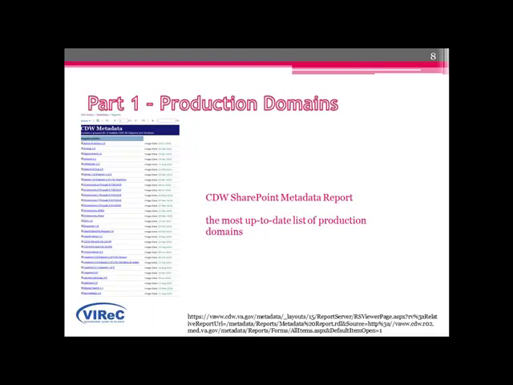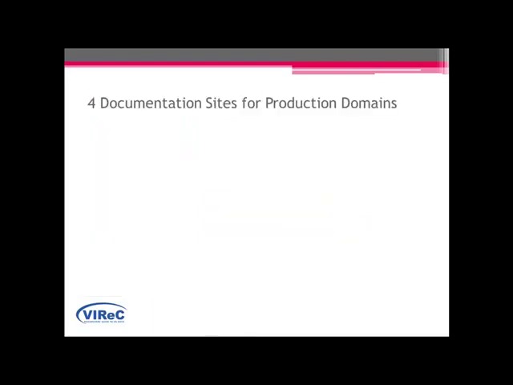part of the CDW. So here on this page, I have the URL to the CDW metadata report on their SharePoint site that shows you the most current list of the available production domains that exist. We'll come back to this site as we proceed and look at it in greater detail.